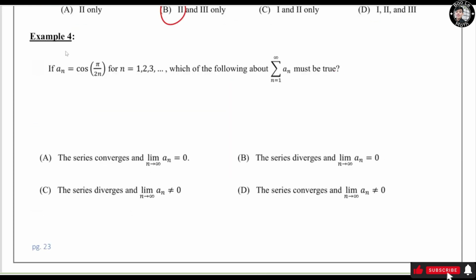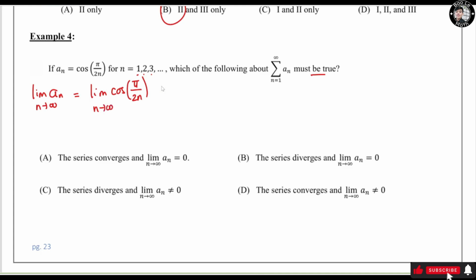Now example number 4. If a sub n equals cosine of pi over 2n for n equals 1, 2, 3, etc., which of the following about the sum of a sub n, when n goes from 1 to infinity, must be true? Now we can take this limit. It's the same thing as the limit of cosine of pi over 2n as n approaches infinity.